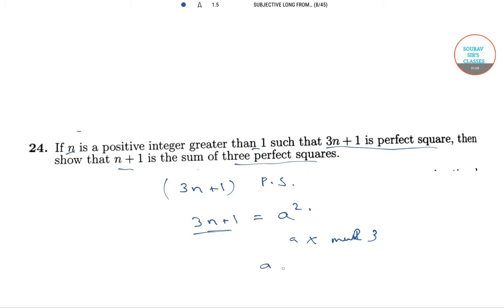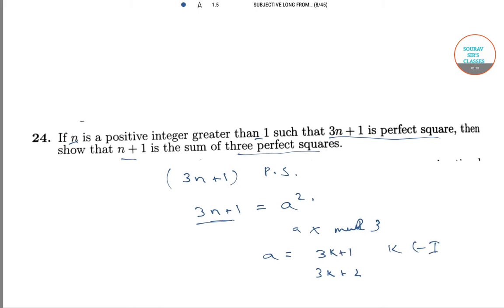So, a may be in the form of 3k plus 1 or 3k plus 2, where k can be 1, 2, 3 and so on, any integer.